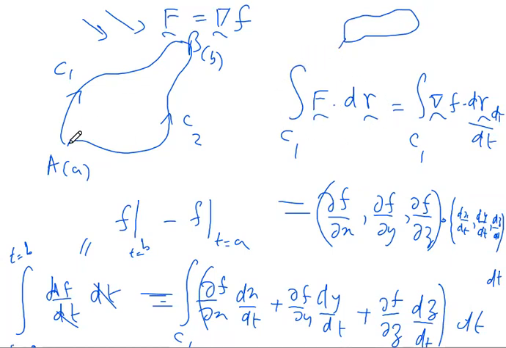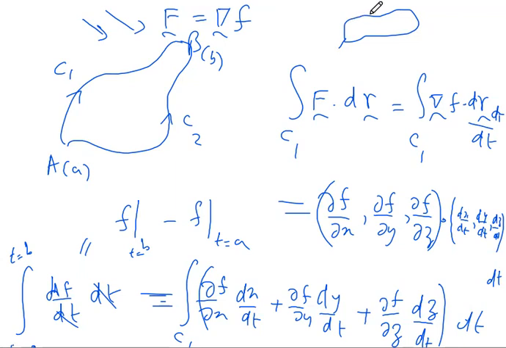If the starting and ending points are the same, then the work done by a conservative field on the particle is equal to what? The work done is 0. Nice result.